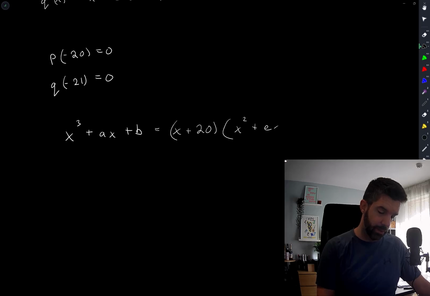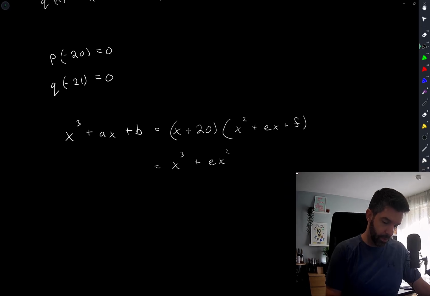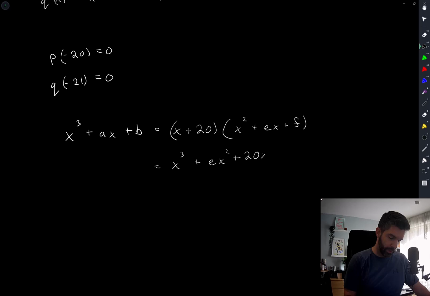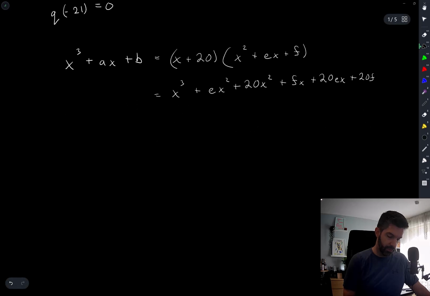Let's say ex plus f. Okay, so this is x cubed plus ex squared plus 20x squared plus fx plus 20ex plus 20f. Okay, so this clearly says that e is equal to negative 20.